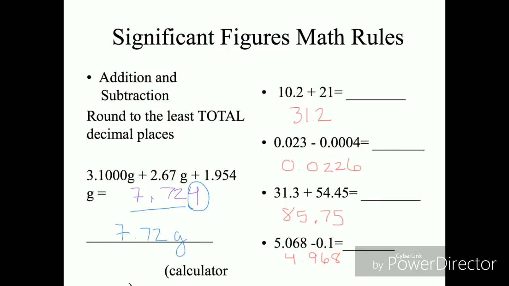In these additional examples, you can see the calculator answer in red. But remember, we must report our answer to the proper number of significant digits. So in the first example, our least number of decimal places belongs with the 21, which has no decimal place, so our answer should be rounded to the ones place.